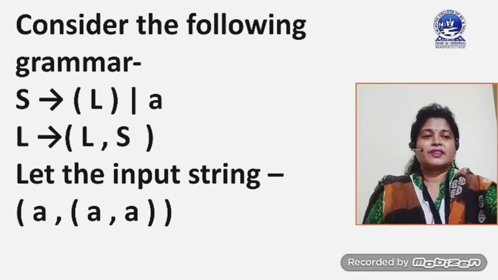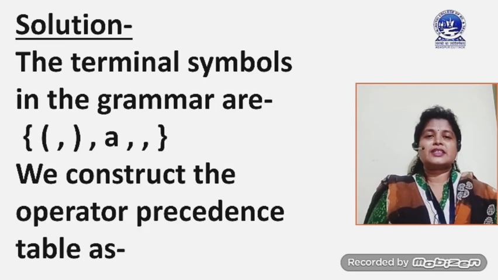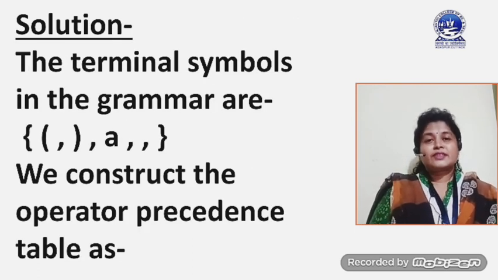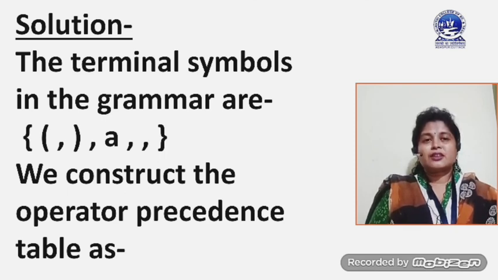Let's solve it by using operator precedence parsing. The first task is to find the terminal symbols in the grammar, and in the given grammar the terminal symbols are opening bracket, closing bracket, A, and the last one is comma.